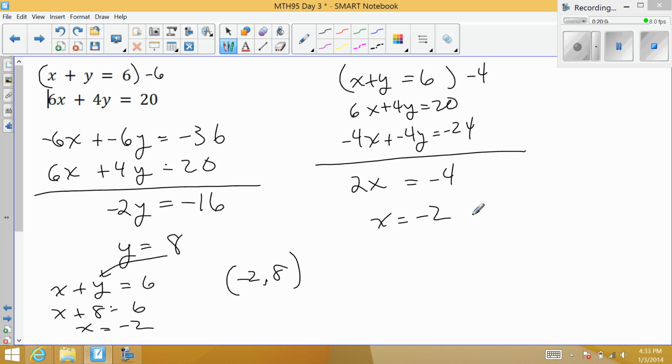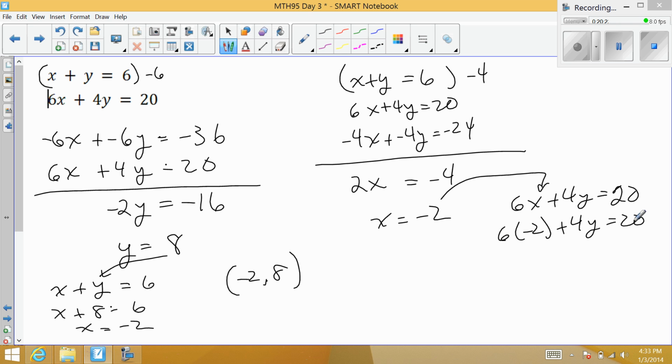Once I've got my x value, I can go back to either of the two original equations. I'll take the more complicated one this time. 6x plus 4y equals 20. I'll put my negative 2 in for x and solve for y. Negative 12 plus 4y equals 20.